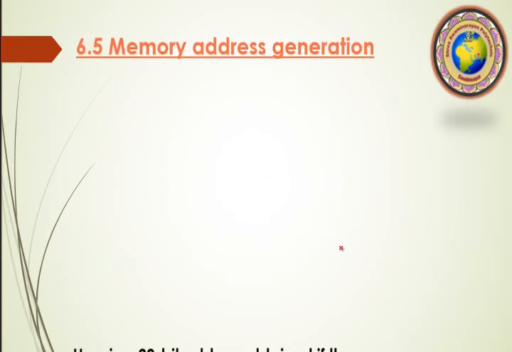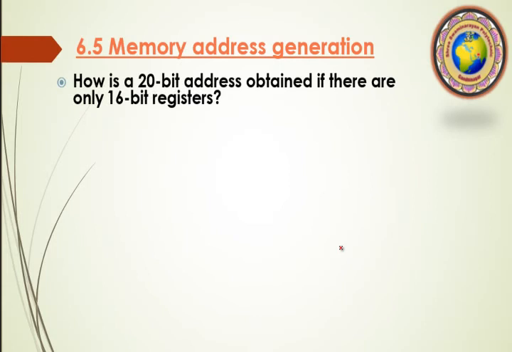So our next topic is memory address generation. How is a 20-bit address obtained if there is only a 16-bit register? As we know, our segment register is 16-bit, so how can we accommodate this 20-bit address?